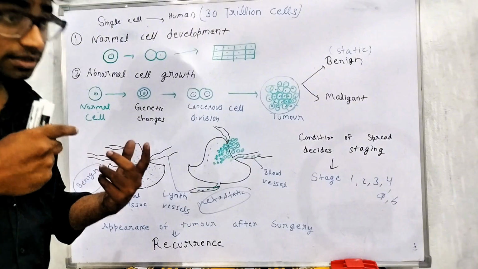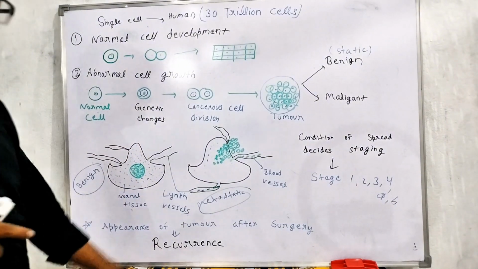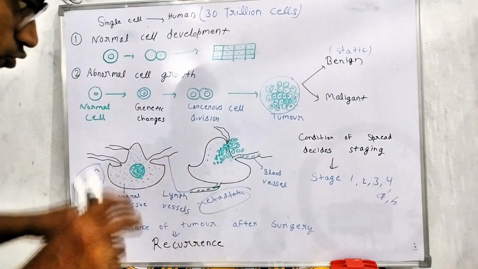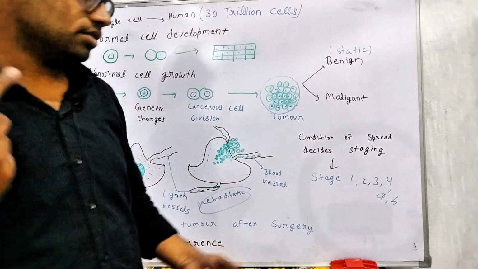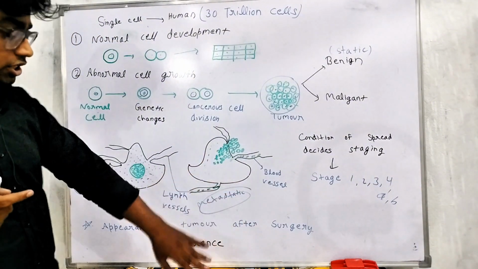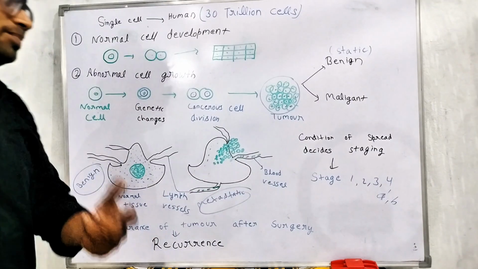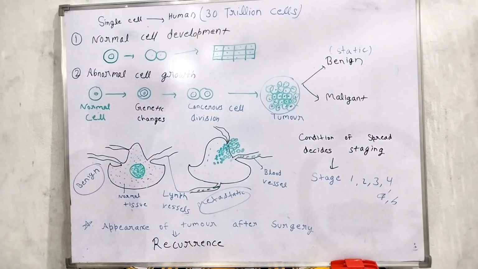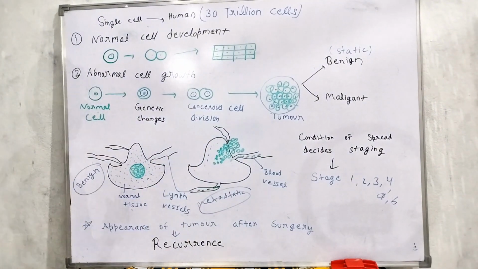But in cases of cancer, there can be a reappearance of that cancer. The appearance of tumor after surgery is known as recurrence. Recurrence means again. So here is the difference between benign and malignant, and I already told you why malignancy is more dangerous than benign tumor.